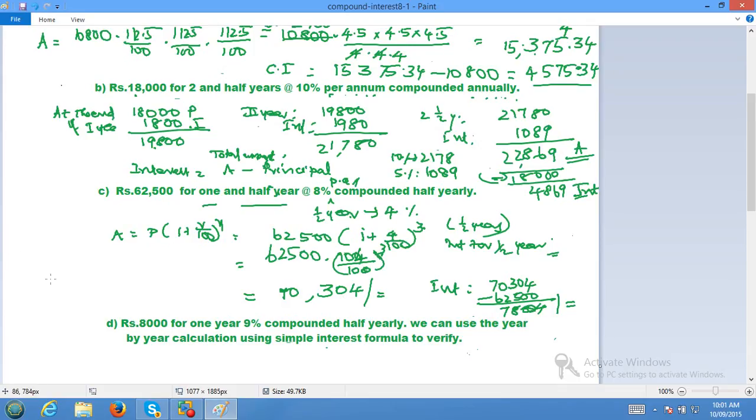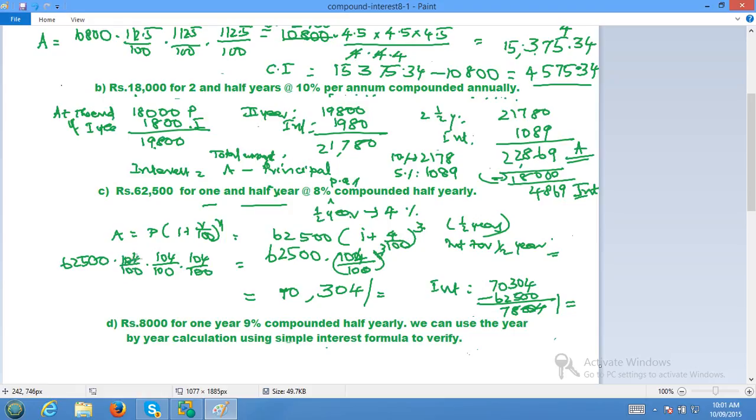If you want, you can try manual multiplication like this. If you are using a calculator, it's different. See, it is 104 by 100 multiplied by 104 by 100. This is divisible by 4, this is also divisible by 4.